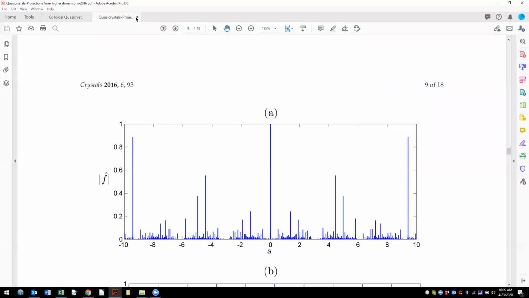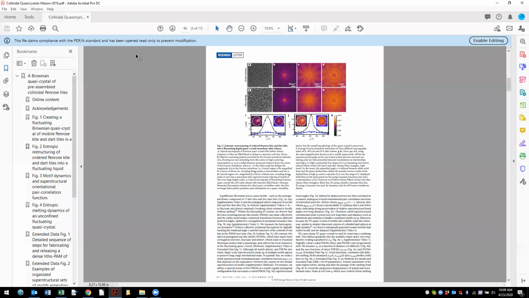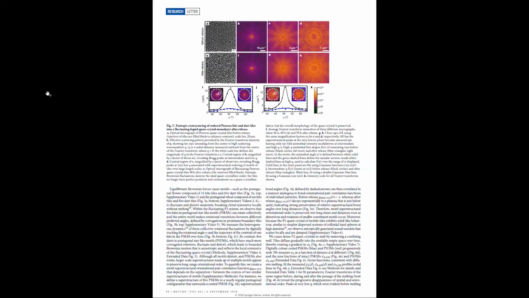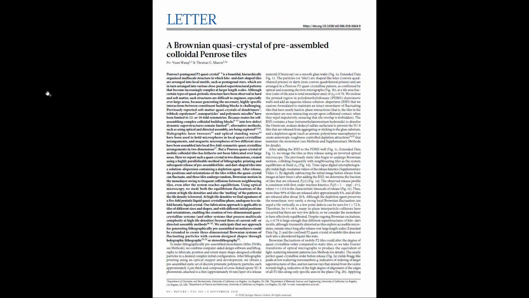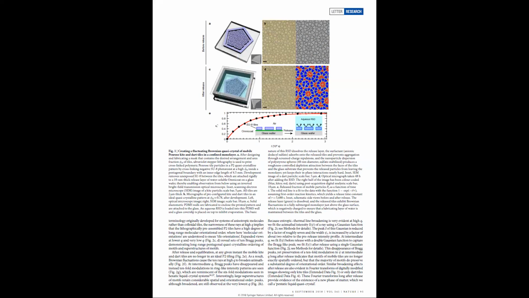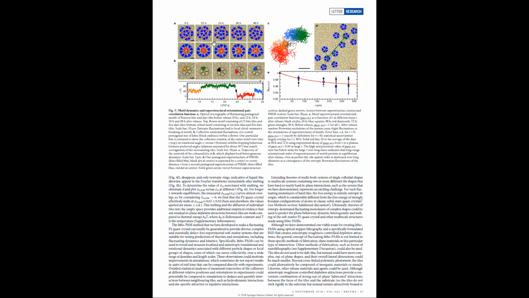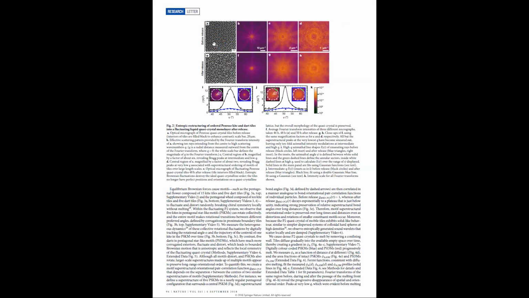The final thing I would say about that is that I know a guy at UCLA who gave a talk here about a year and a half ago, and he made a 2D quasicrystal out of specially fabricated colloidal particles. Here is a picture of it, and here's a laser diffraction pattern of it.